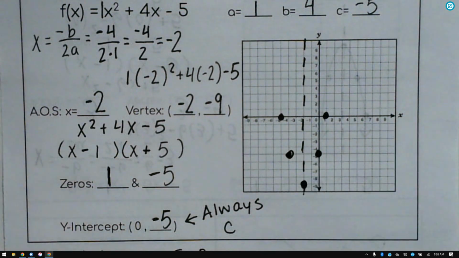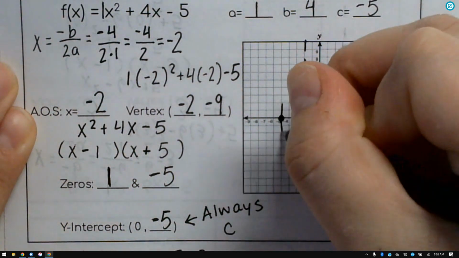Put that same dot 2 to the left at the same level. Okay. And then we connect all of this into a nice U shape.